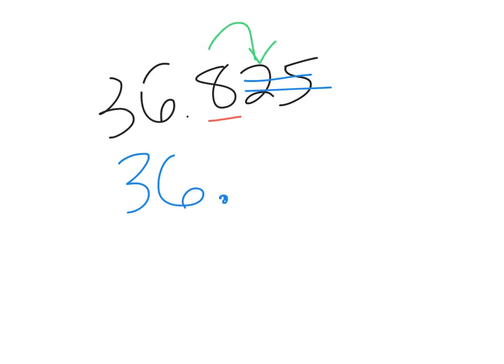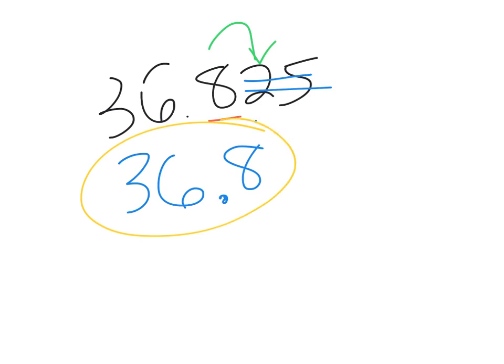So we look to the number right next to it, which is a 2. Because 2 is a small number, that 8 will stay the same. If that number was 5 or higher, then we would take it up. But this would be your answer: 36.8 is this number rounded to the nearest tenth.